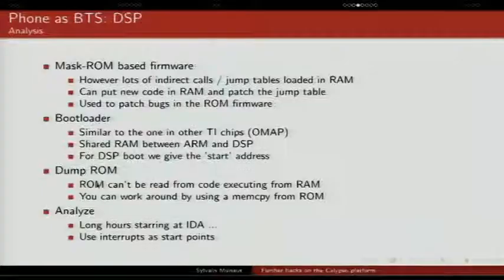You give the DSP a start address, and it will start executing code there. And so you can load the default jump tables, patch in your function, and then jump to the real start address of the DSP. Of course, if we want to patch the DSP, we actually have to analyze it first. And if we want to analyze it first, we actually need to dump it first.